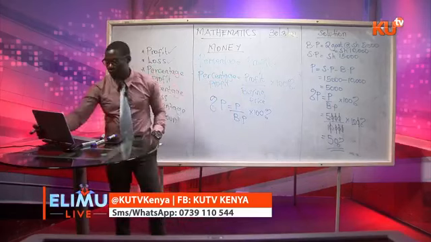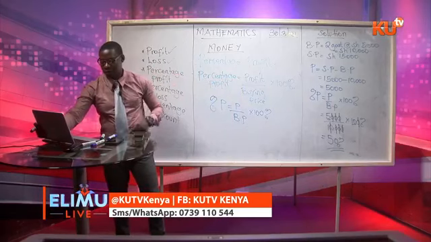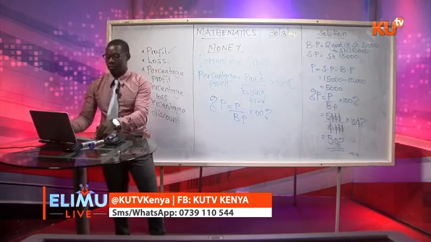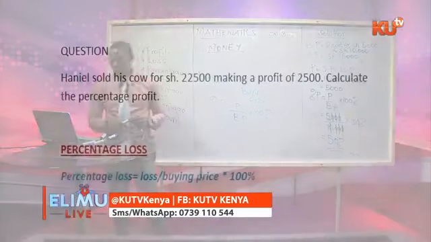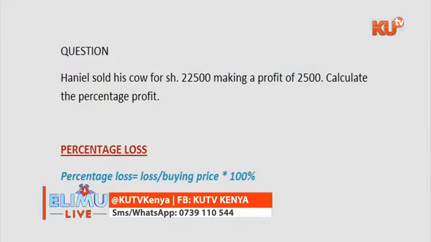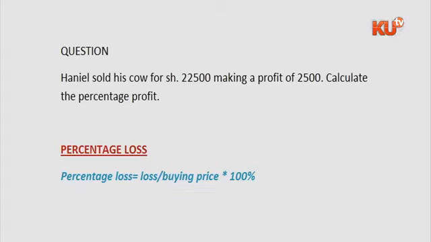So I have a question for you. Also, you can work it out at home. Haniel sold his cow for 22,500, making a profit of 2,500. Calculate the percentage profit. You have 1 minute to do that. I read the question out as you work it.